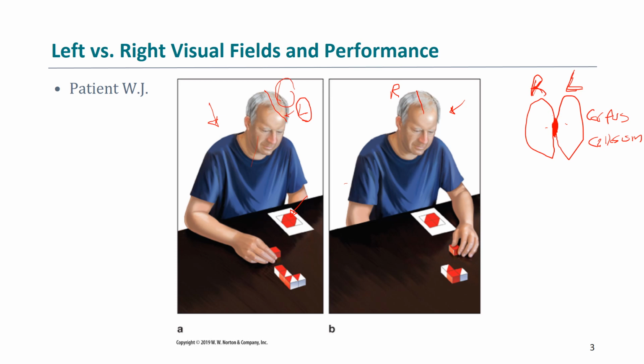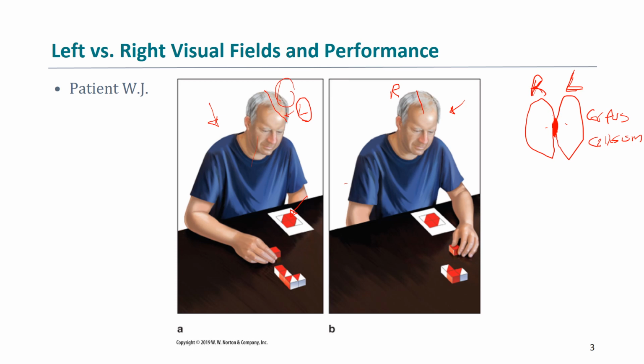Gazzaniga's team would flash images of letters, light bursts, and other stimuli to WJ's left or right field of view. Because fields of view are processed by the contralateral hemisphere, flashing an image quickly to one side or the other sends the information solely to the intended hemisphere.